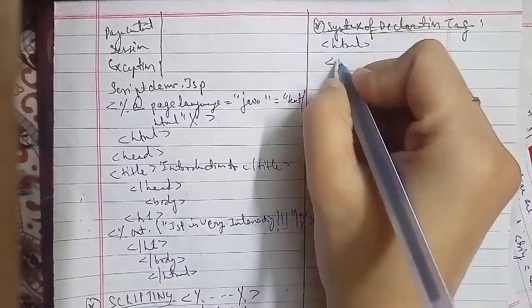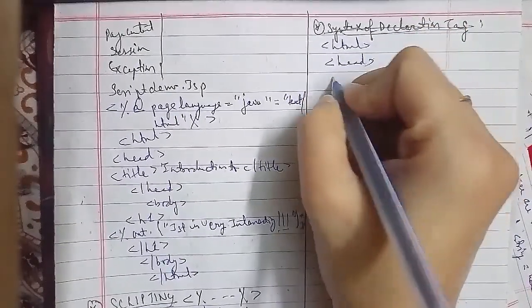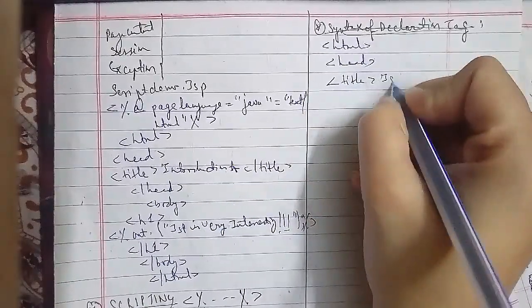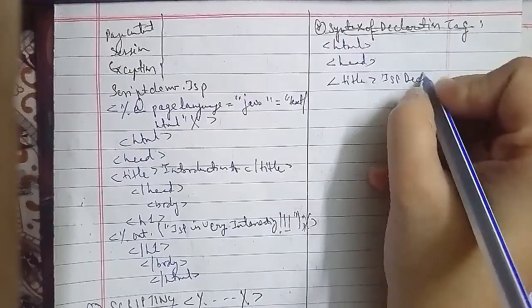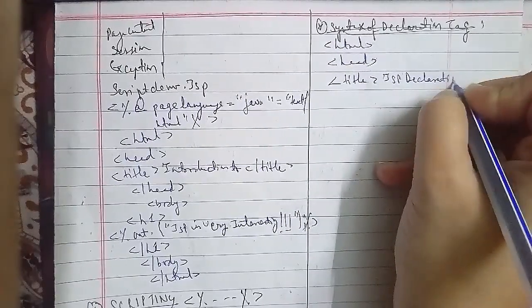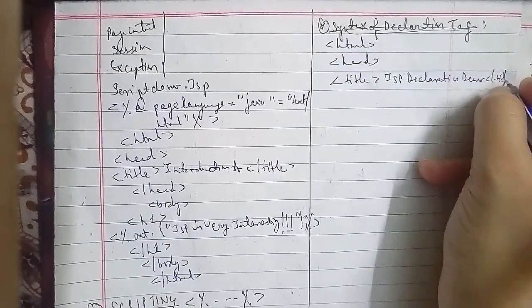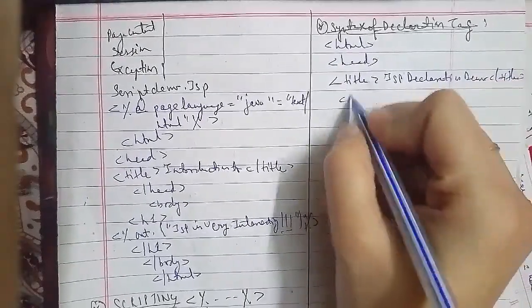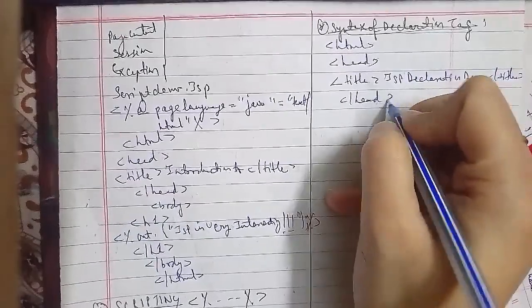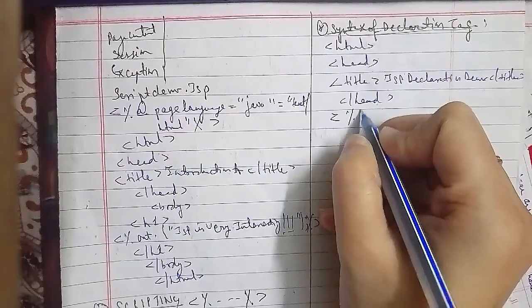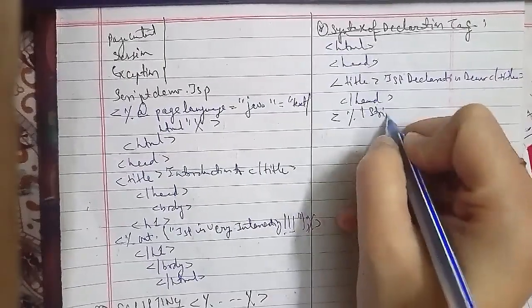Then we have a body tag, then the message is printed with percent out.println message, percent sign, and then of course we end with the body tag and close the HTML tag.